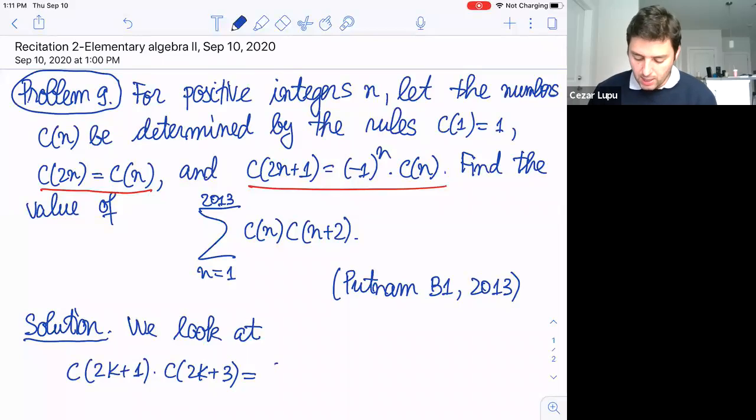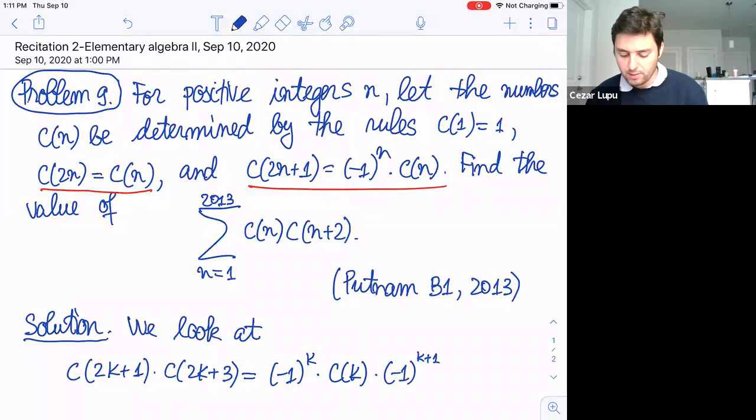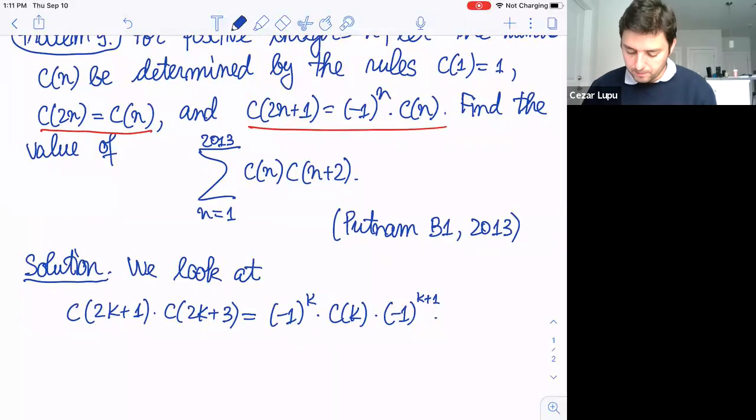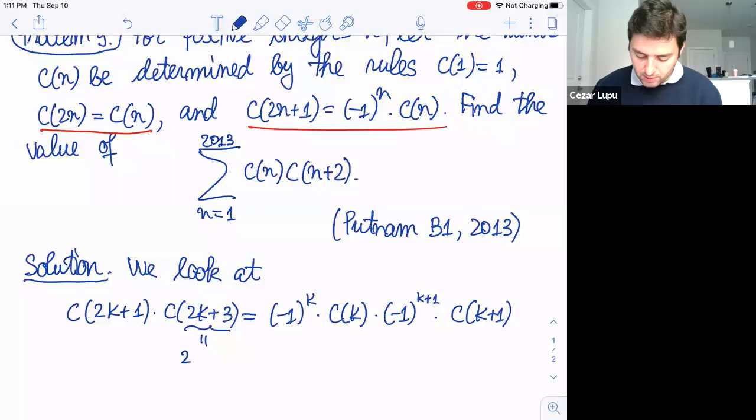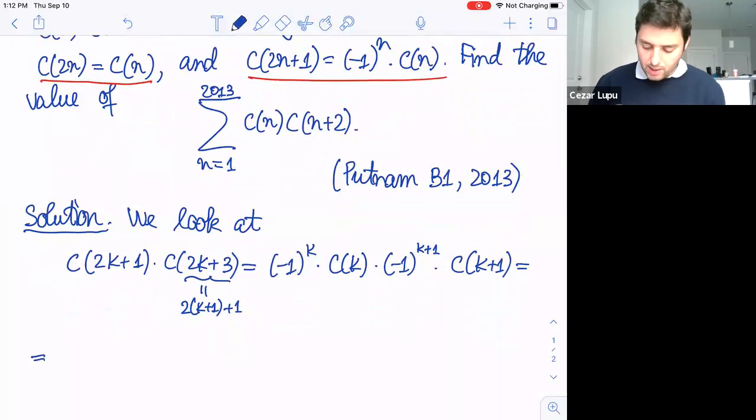So this would be (-1) to the power k times C of k. And for the second one, instead of 2k plus 1, 2k plus 3 is 2 times (k plus 1) plus 1, and I can use the second relation to get (-1) to the power k plus 1, keep in mind, times C of k plus 1.